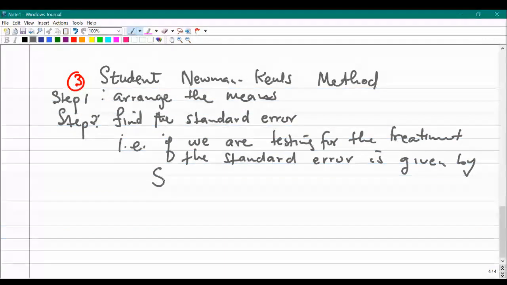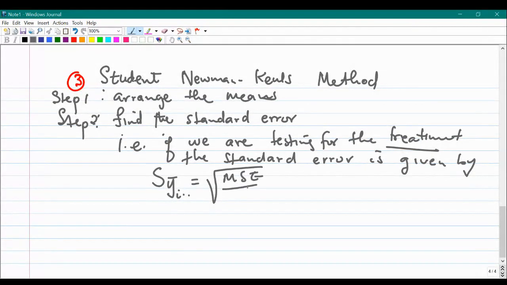Okay. The standard error if we're testing for the treatment is given by the square root of MSE over BR. We agreed that this is the first one.